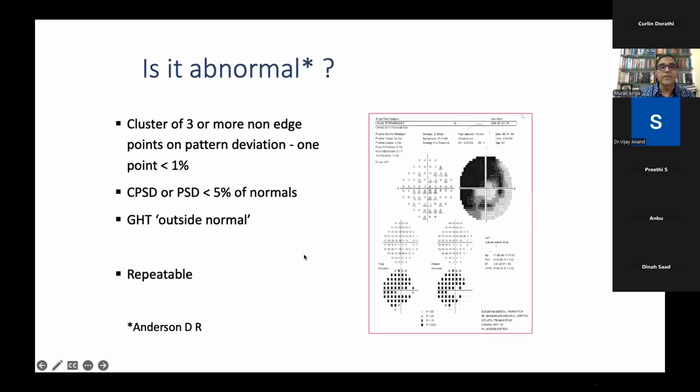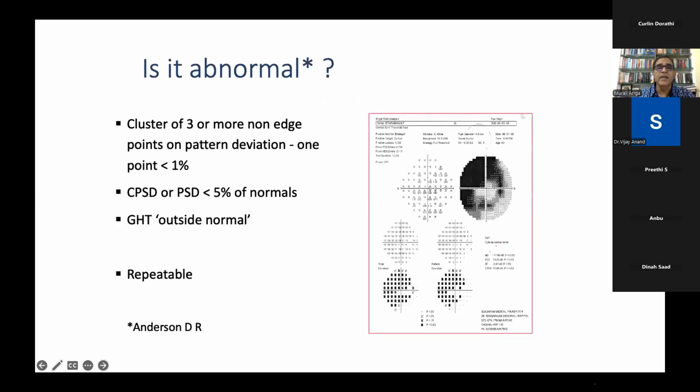So is the field abnormal or not? Anderson's criteria: a cluster of 3 or more non-edge points on pattern deviation, one of them depressed to less than 1% of what occurs in normals, the PSD of what occurs in less than 5% of normals, and the GHT outside normal limits. But these tests have to be repeatable at least once or twice. A repeatable abnormality is what makes the field abnormal by Anderson's criteria.